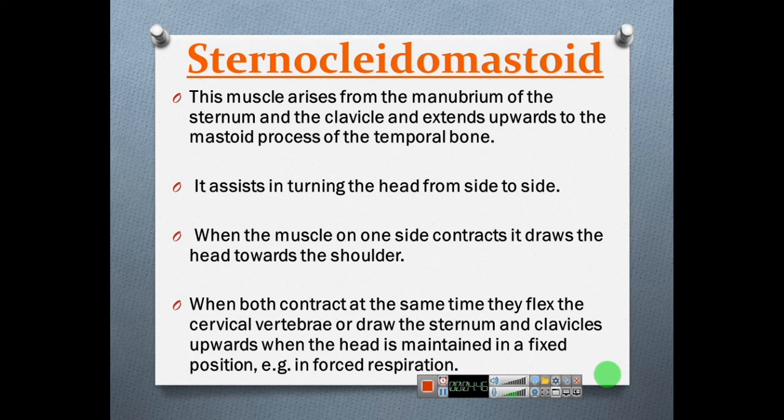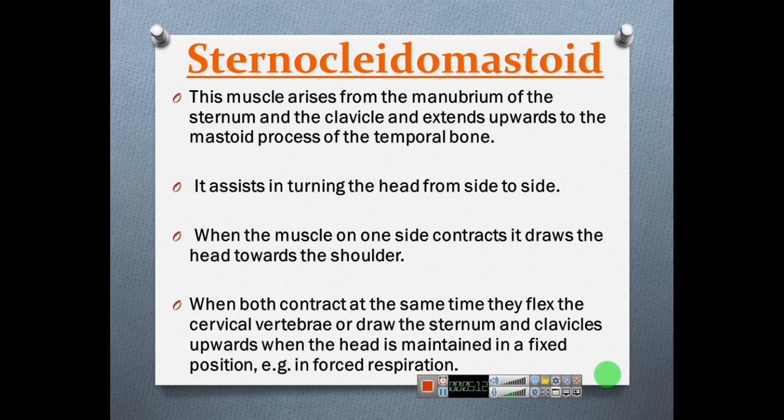When we were discussing the skeletal system, can you remember what the manubrium of the sternum is? And the clavicle bone, and extends upwards to the mastoid process of the temporal bone. It assists in turning the head from side to side. When the muscle on one side contracts, it draws the head towards the shoulder.